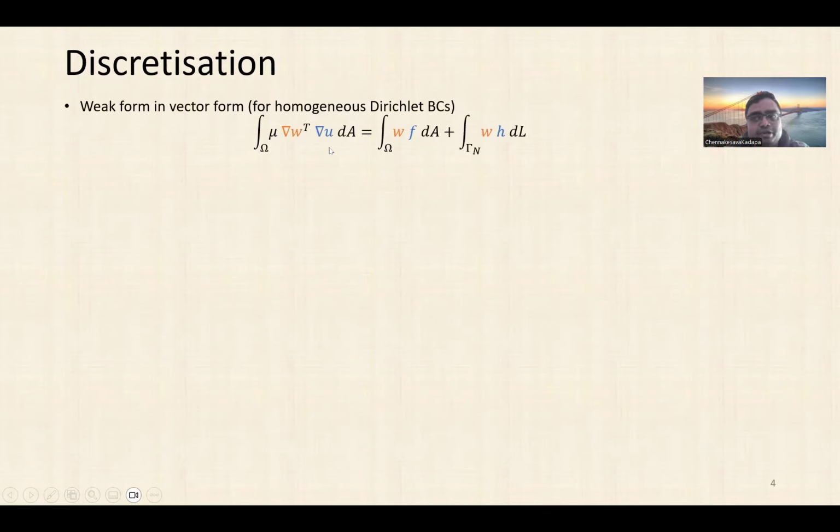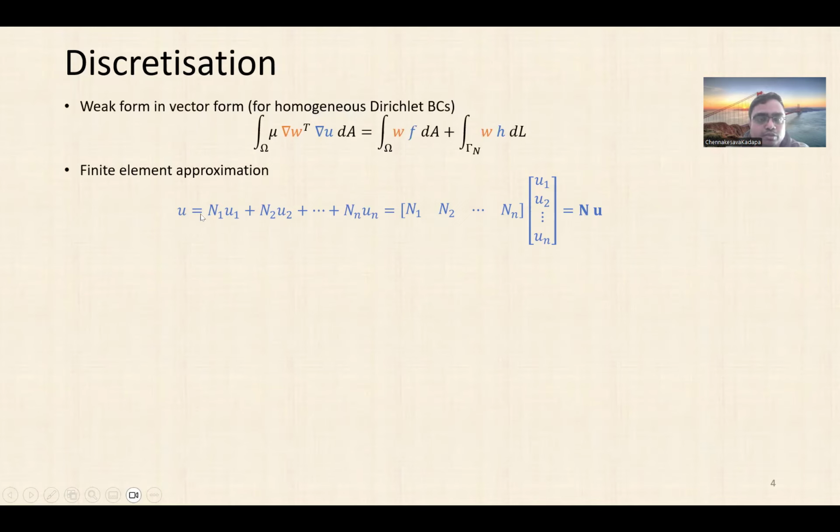Now after this point, we discretize the solution U as well as the test function W. That is, we use the finite element approximation as U equals N1 u1 plus N2 u2 plus and so on, Nn un. That is, we have n number of basis functions and n number of unknowns, and we put this in our matrix vector form.